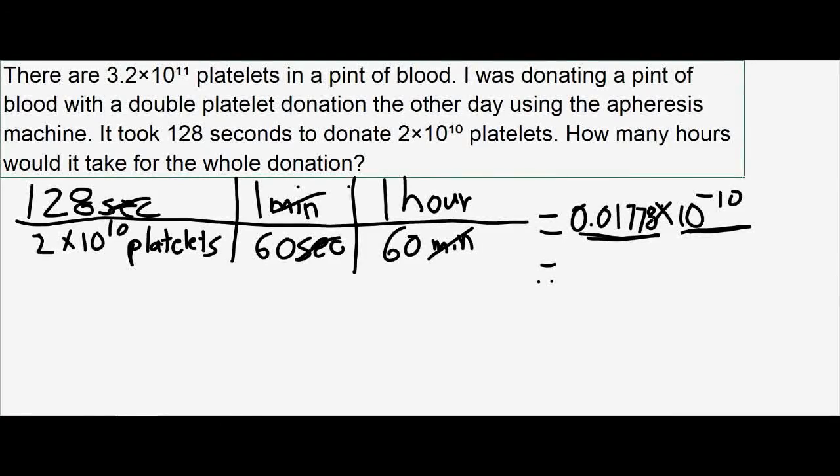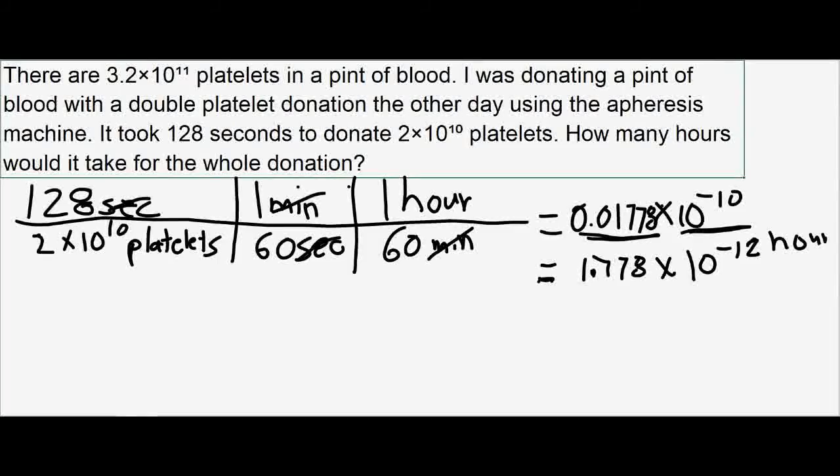And when I multiply by 100, I move the decimal place 2 places to the right because the number gets bigger. I end up with 1.778 times, if I have 10 to the negative 10th, I divide by 10 to the second, I subtract those exponents, and I have 10 to the minus 12. And this is hours per platelet.